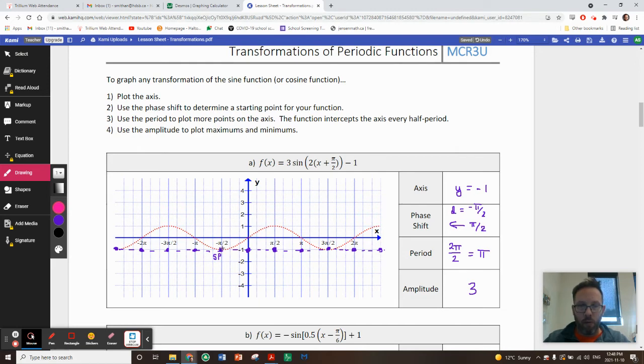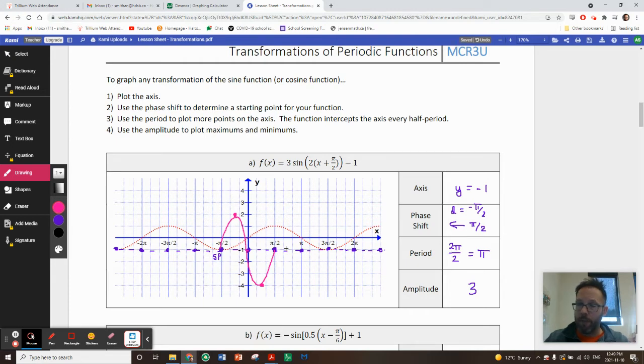From our starting point, between these two points where we come back to the axis, we're going to go up and come back down. Halfway between, we reach an amplitude of 3 units above. Then between the next two, we're 3 units below, down to -4. And this is one complete cycle of our function.